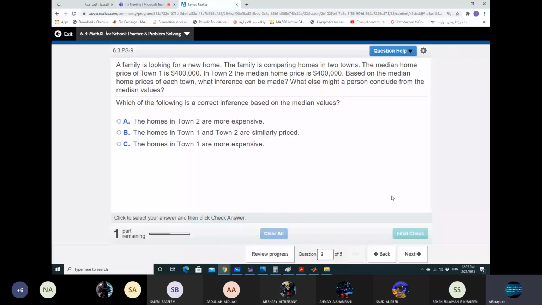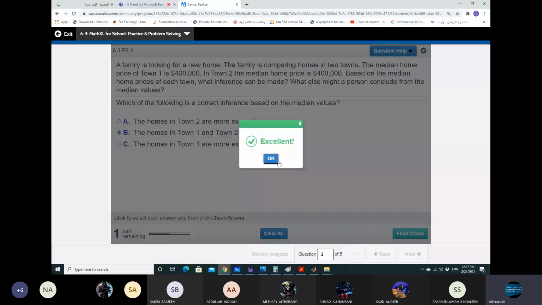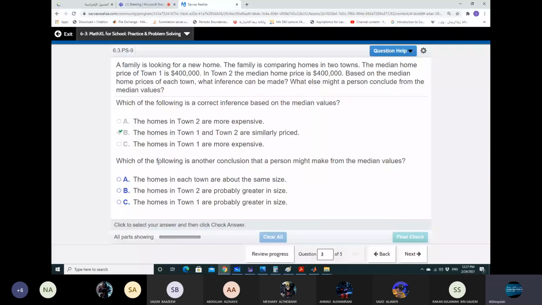Excellent. So, which of the following is another conclusion that a person might make from the median values? The homes in each town are about the same size, or the homes in town 2 are probably greater in size, or the homes in town 1 are probably greater in size.